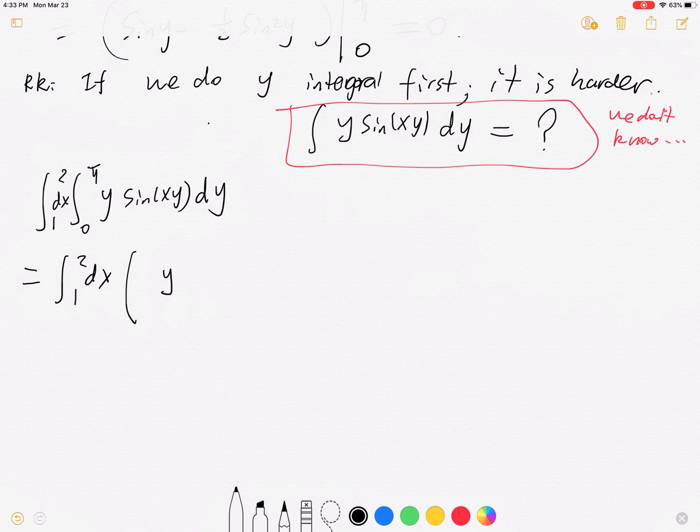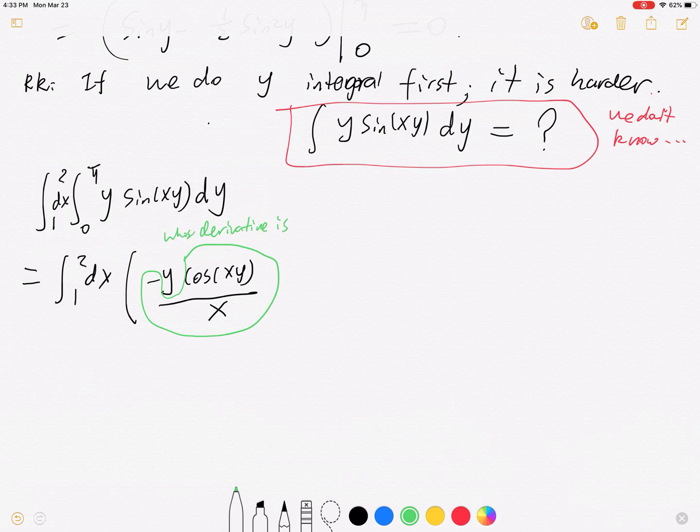Y times negative cosine xy divided by x, because the antiderivative of sine xy is negative cosine xy divided by x. That's how we apply integration by parts, with respect to y.